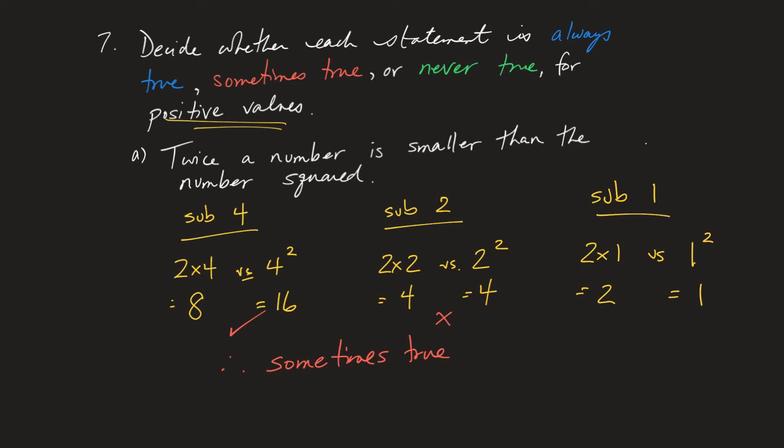I actually have that twice a number is larger than the number squared, almost the opposite of the statement that was given. So there we can come up with a case where it isn't true, and all I needed to do was come up with one instance where it wasn't, and therefore it was sometimes true.